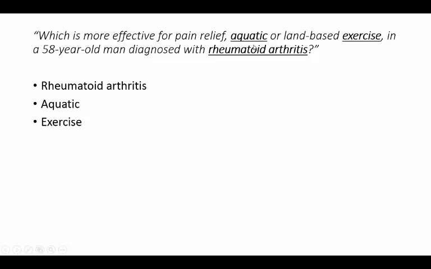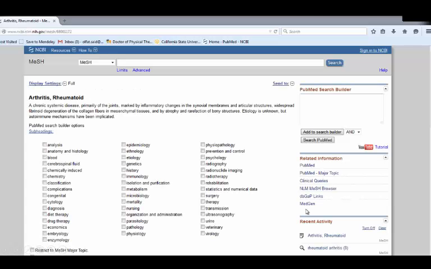Clinicians might say aquatic therapy is better, but is it more effective? That's the question. Is it more effective to relieve pain? So the search words: rheumatoid arthritis, aquatic, and exercise. These are the important concepts that I want to capture to answer my question.